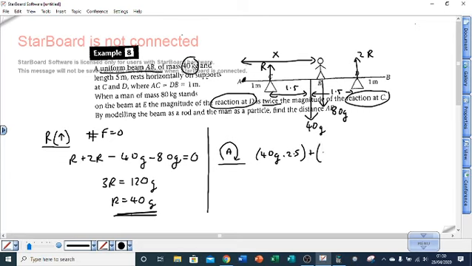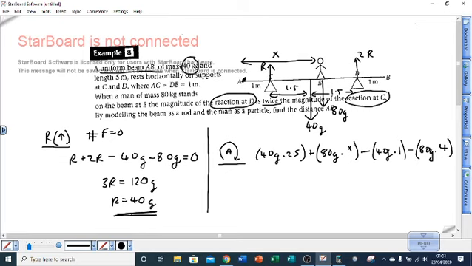Then plus the man's weight, 80G, times its distance, which is X. And then the others are negative because they're anti-clockwise, wanting to spin it this way. So it is the force R, which we know is 40G, times its perpendicular distance, which is 1. And then minus this one here, which is 2 times that, 80G, times its perpendicular distance. Well, if this is 5 meters, then this must be 4 meters.